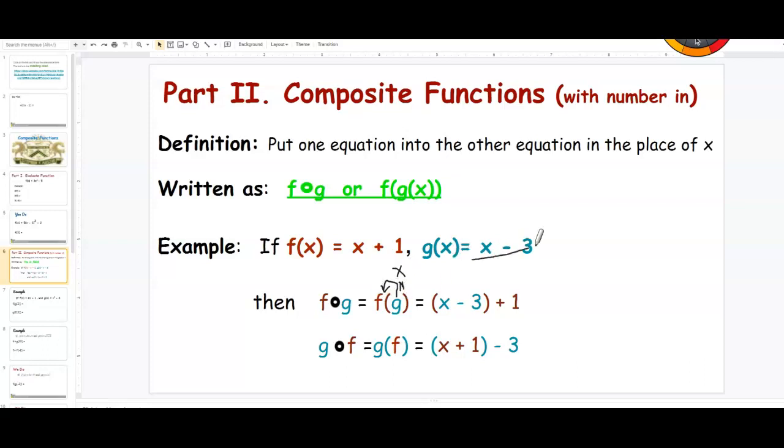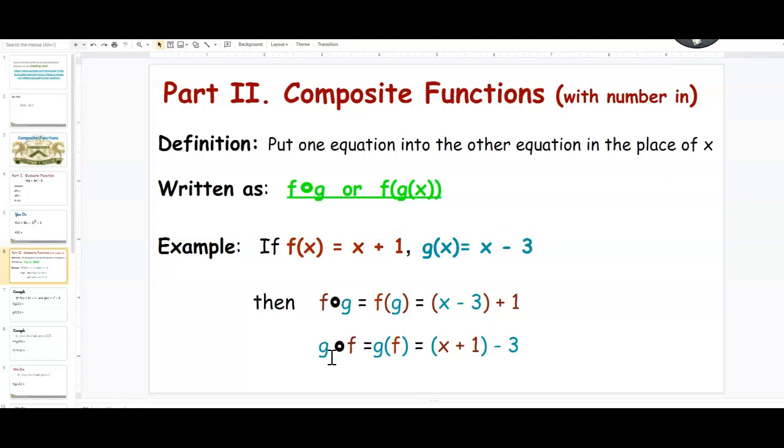So x is gone, erase it, and you put equation g in the same place, which is x minus 3. So your new equation is parenthesis x minus 3, plus 1, which is this one. Okay? So you put equation g into equation f in the place of x.